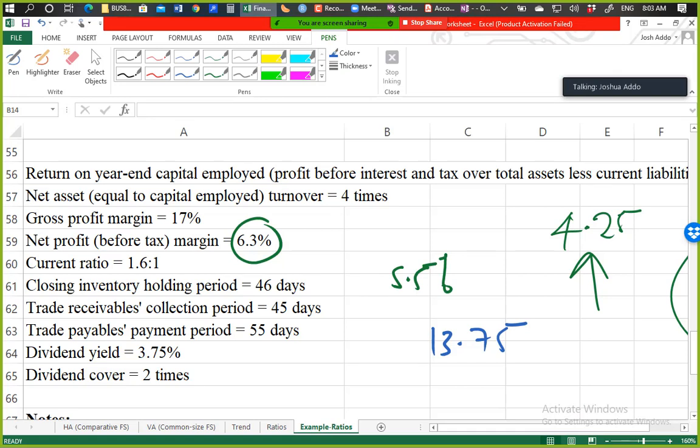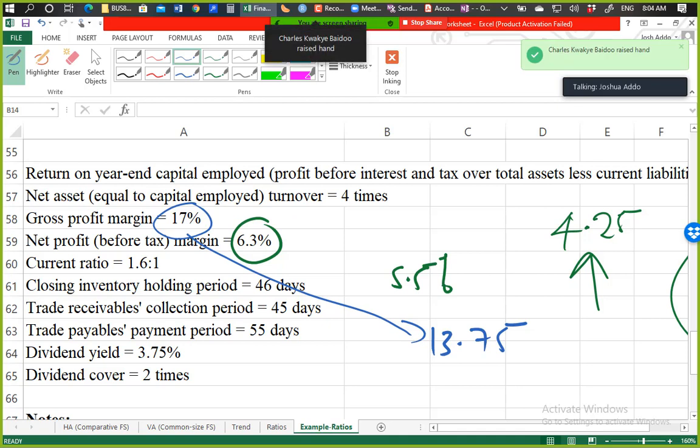So 13.75 against 17. Compare and comment. Who is going to do that for us? Comment on the performance of the company with regard to gross profit margin.